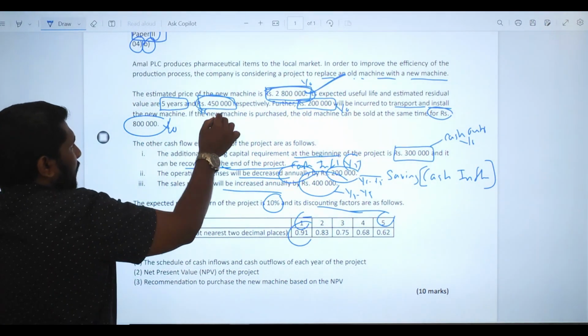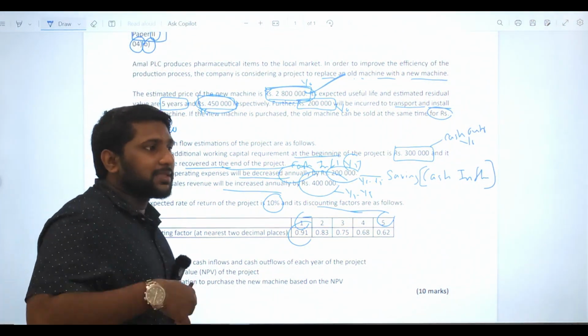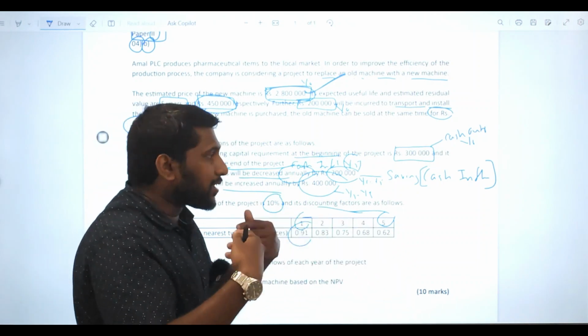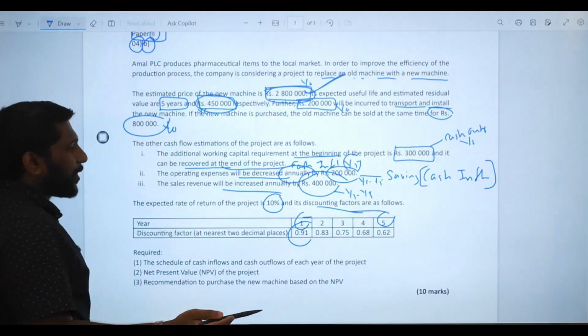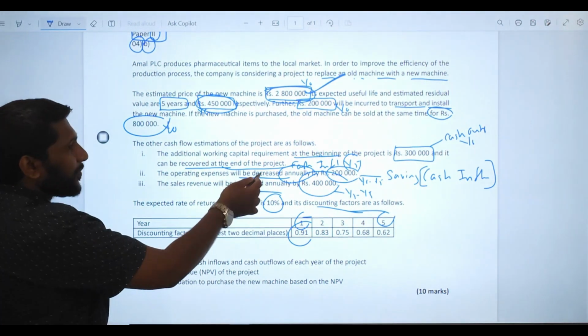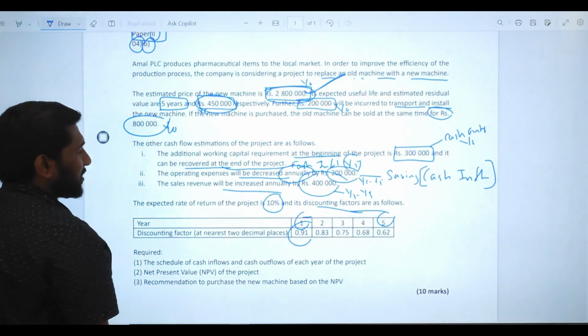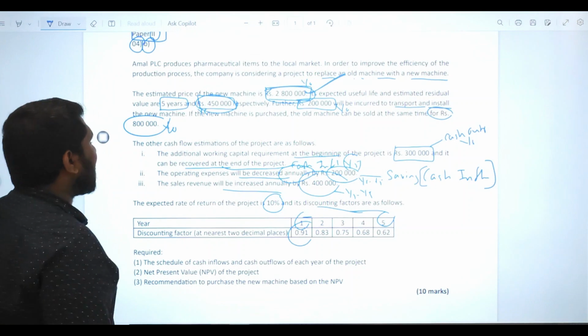And the next one, scrap value is there, 450,000. After 5 years, what will I do? I will sell the asset. So if I sell the asset, I will get money. Before writing the scrap value, it's better if you write these cash inflows that you are getting. Operating expenses will get decreased by 200,000 every year.